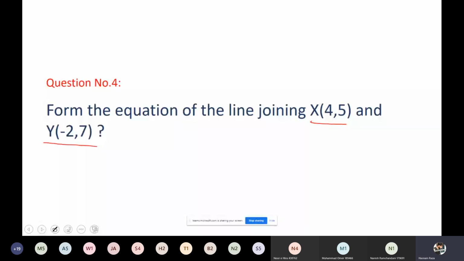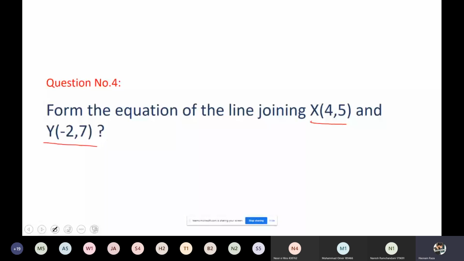These 2 points are on a straight line, and we are asked to form the equation of that straight line. Because this is a question related to the equation of a straight line, we'll have to follow some steps. As I told you, I am explaining this in detail because some of the students asked me to do so.